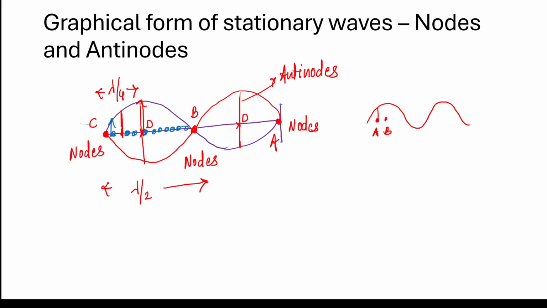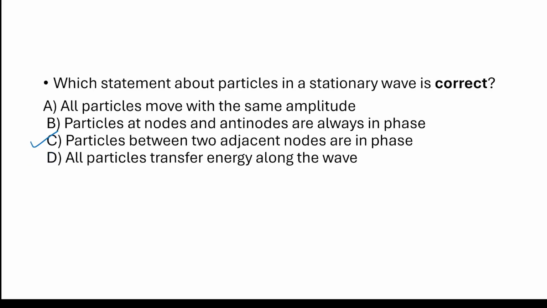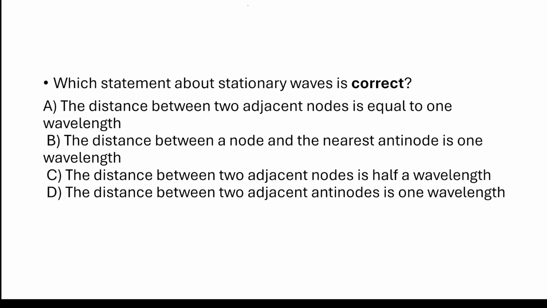So they all go to the maxima at the same time, and these ones would go down. So if you see, adjacent loops will have a phase difference of pi, but the particles in the same loop, or between adjacent nodes, are all in the same phase. So the particles between two adjacent nodes are in the same phase because they all become maximum at the same time and minimum at the same time.